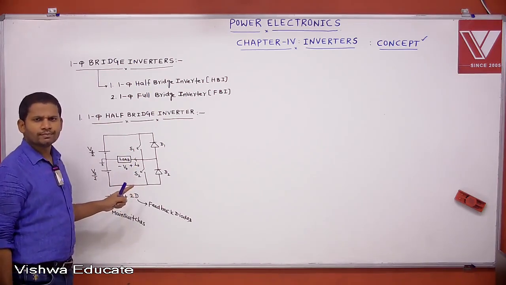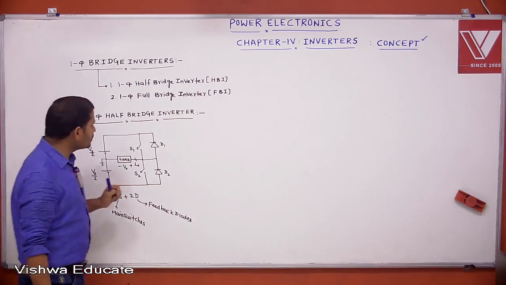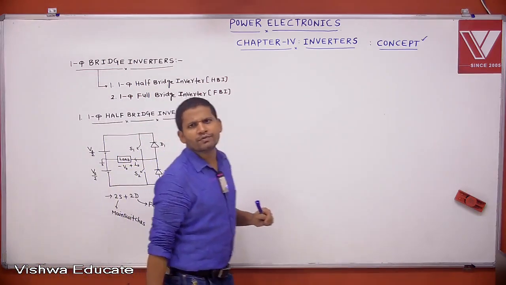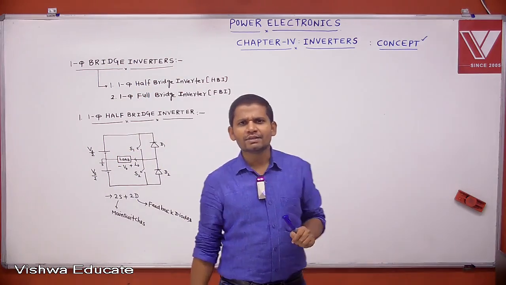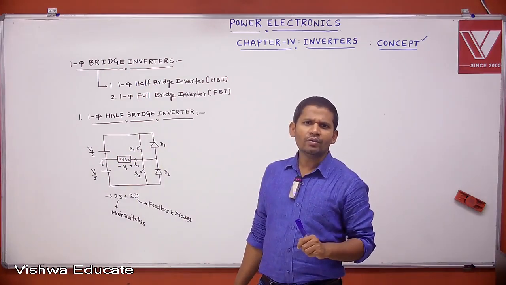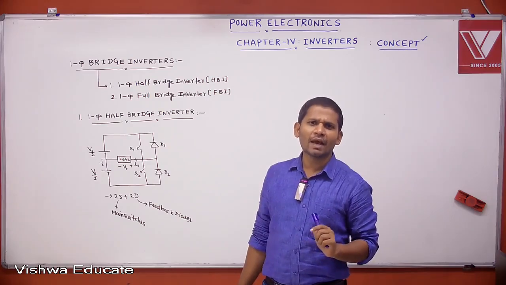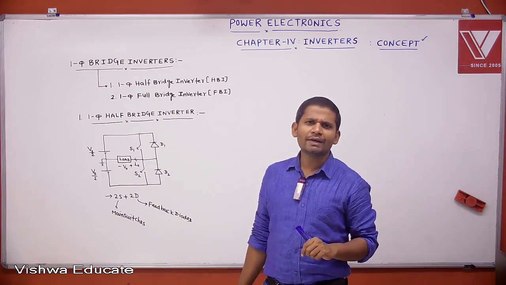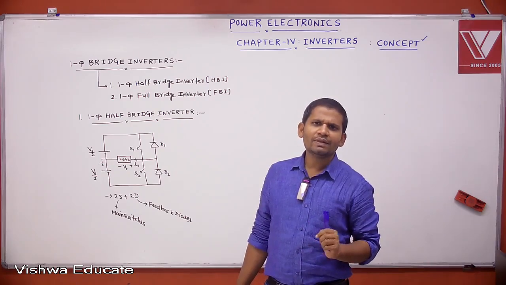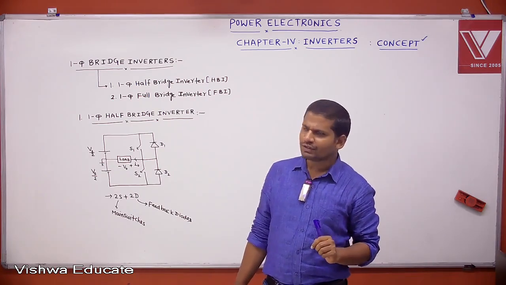I told already. Which devices are used as switches in voltage source inverter? The devices which have unipolarity and bidirectional capability.